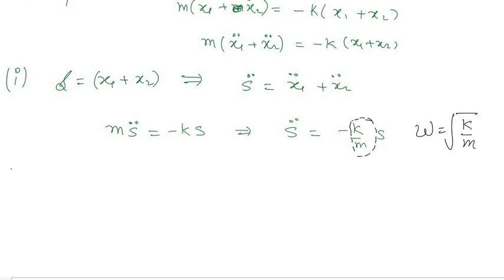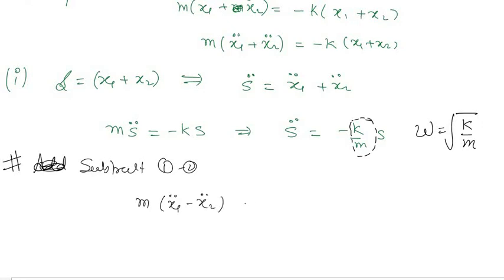So there is one more solution of this problem. Let us subtract, sorry, we did addition. So let us subtract 1 minus 2. You just subtract it, then you will get m times x1 double dot minus x2 double dot is equal to 3 times k of x2 minus x1.